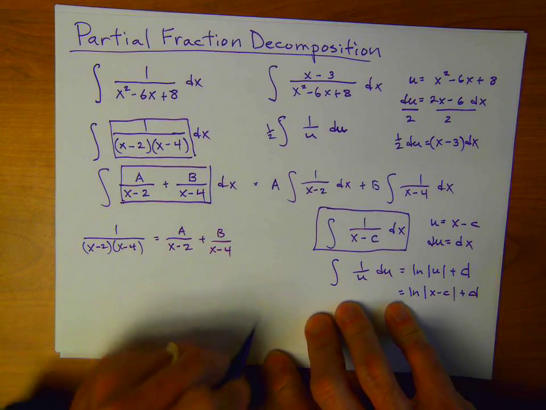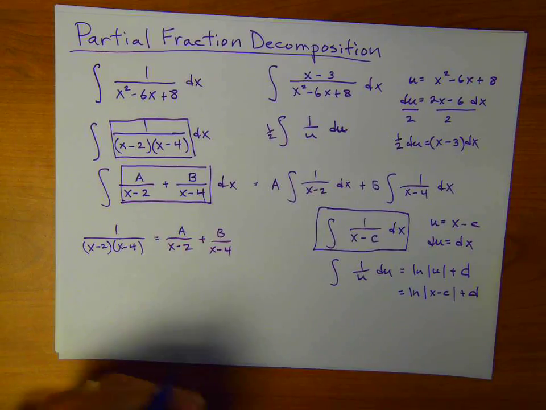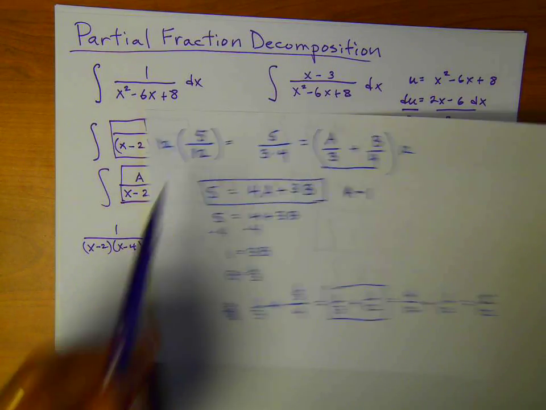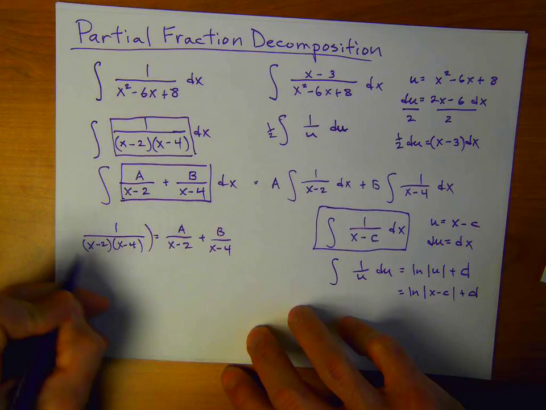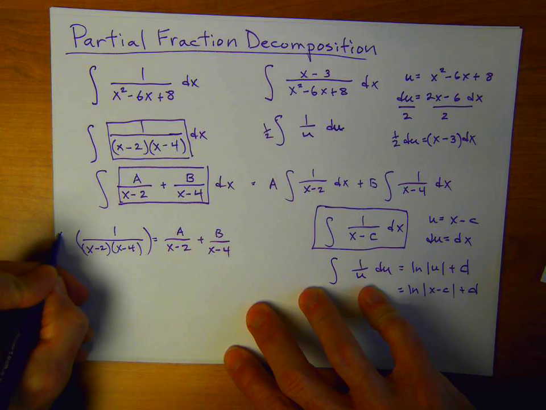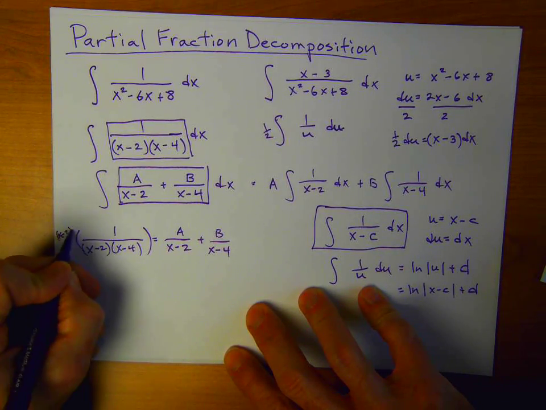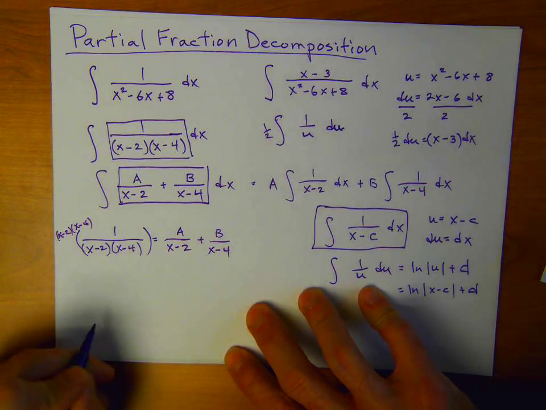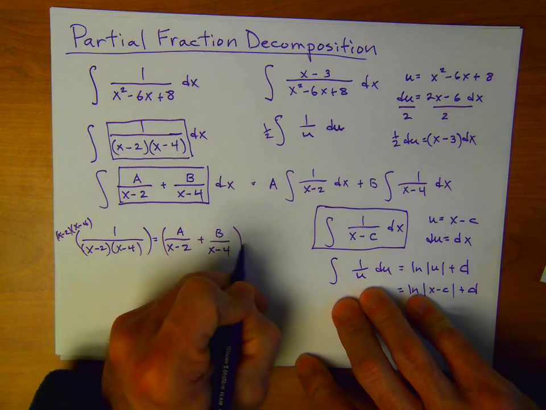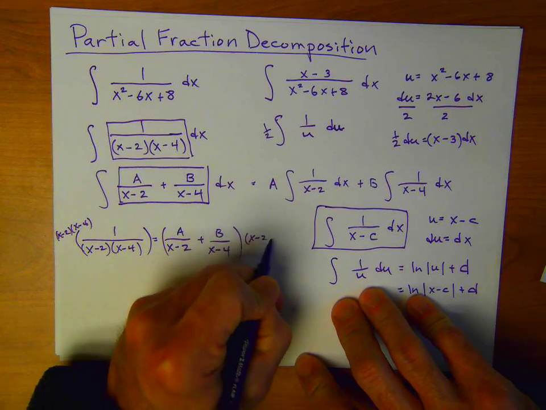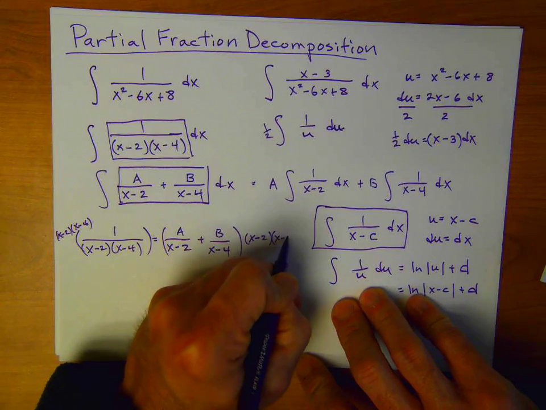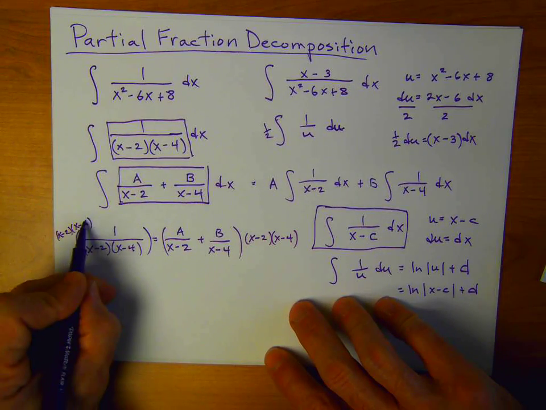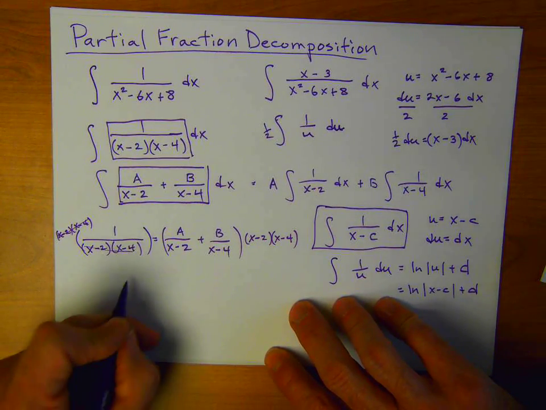So just like I did in this example where I cleared the denominator, I want to clear the denominator here. So I would multiply this by (x minus 2)(x minus 4), and over here I would do the same thing, multiply by (x minus 2)(x minus 4). So here this cancels with this, and I'm just left with a 1.